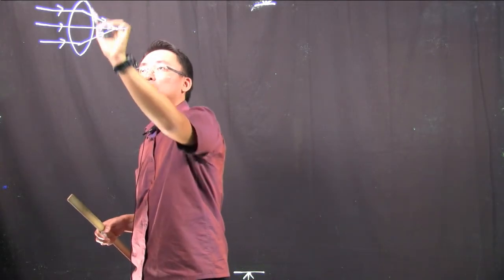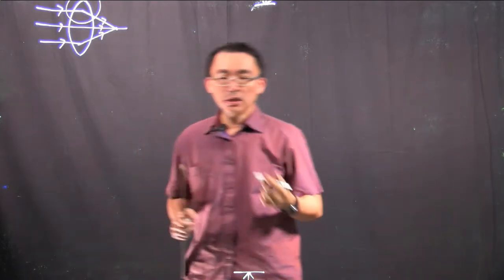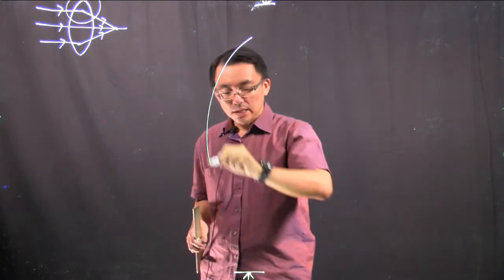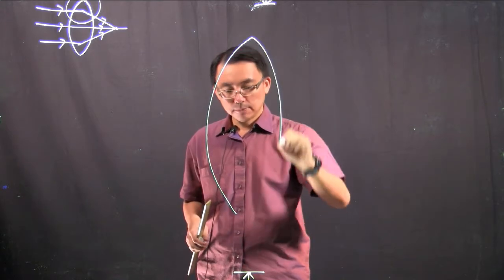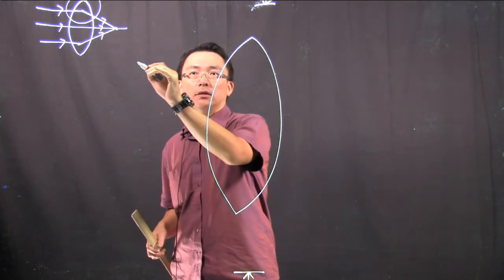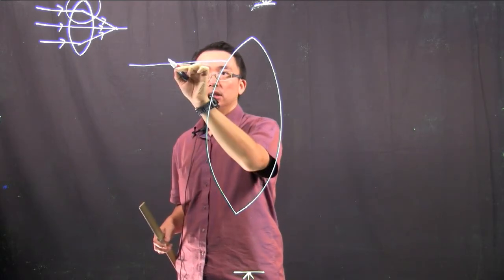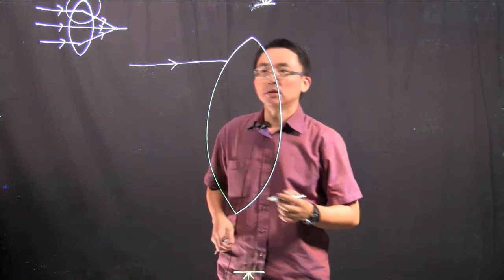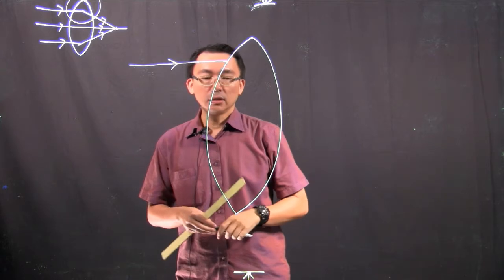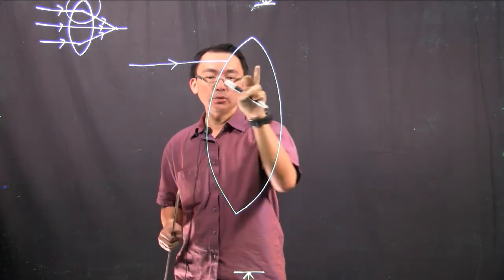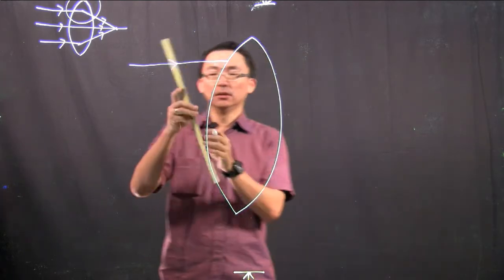Let's look at the upper portion of the lens. First let me enlarge it. I have a ray that is incident on the front of the lens. What happens to it as the light ray comes from the less dense air into the denser lens?